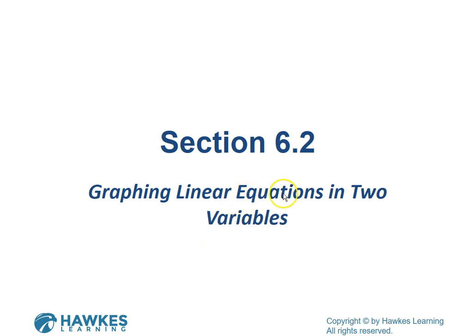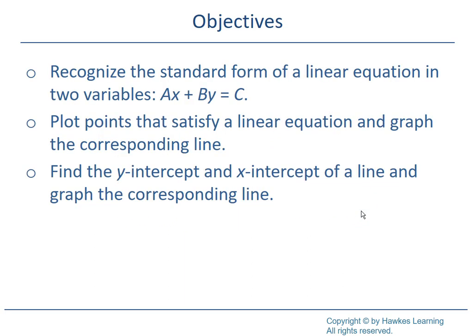In section 2 of chapter 6, we're going to take a closer look at graphing linear equations in two variables. And notice they're repeating what we had mentioned earlier, standard form here.